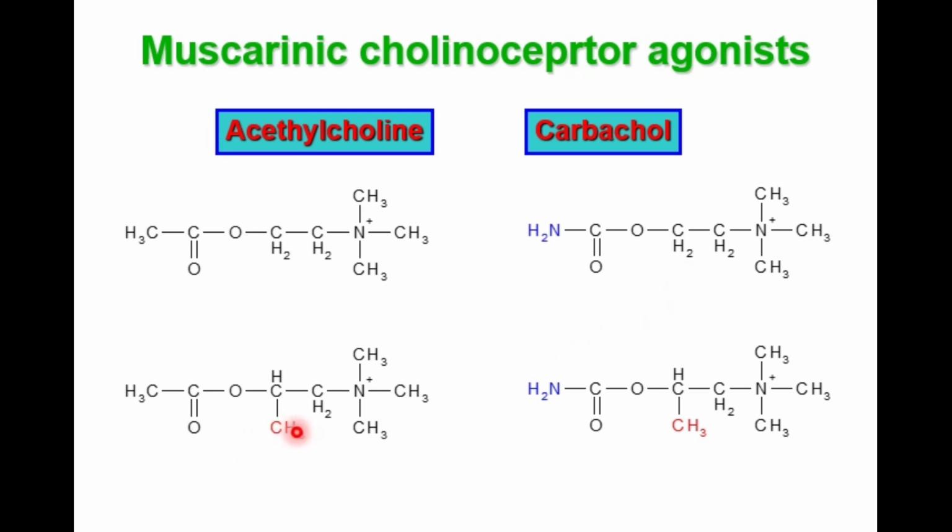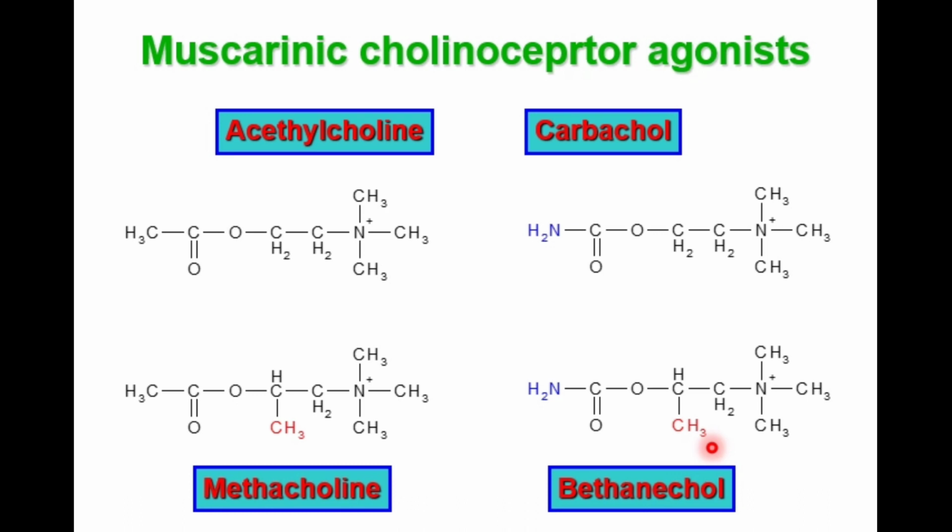If a methyl group is added at this position, this compound is methacholine. If this methyl group is added at the same position on carbachol, this synthetic compound is bethanechol.